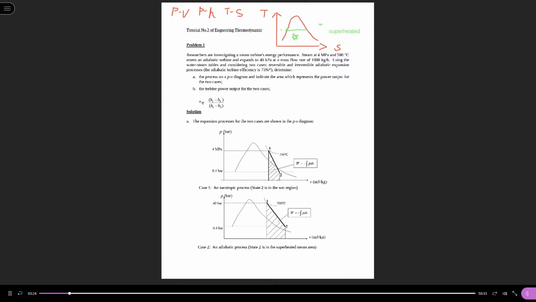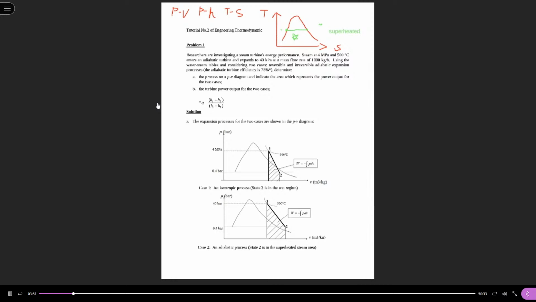So if, with the given properties, we want to know if it's compressed, superheated, or a mixture, we have to check from the table. I have provided you the tables and diagrams of common fluids such as water vapor and common refrigerants.